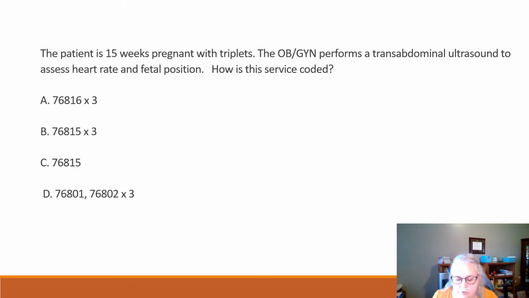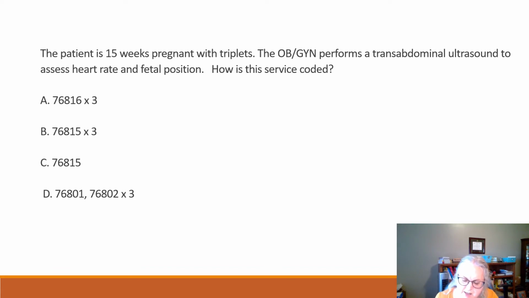It notes that 76815 is ultrasound pregnant uterus, real time with image documentation, limited, fetal heartbeat, placenta location, fetal position, and qualitative amniotic fluid volume, 1 or more fetuses. Now that could be a potential code.